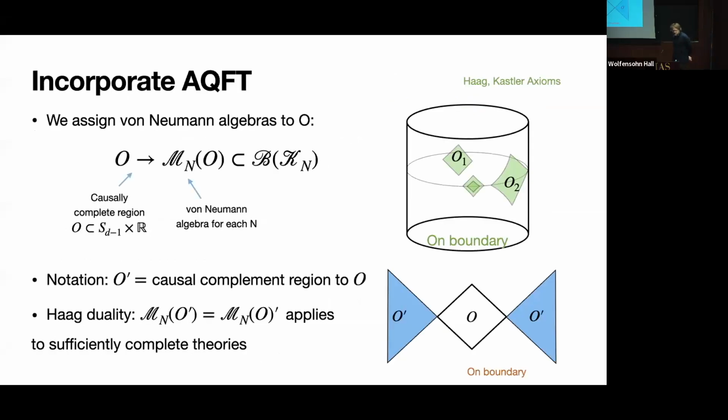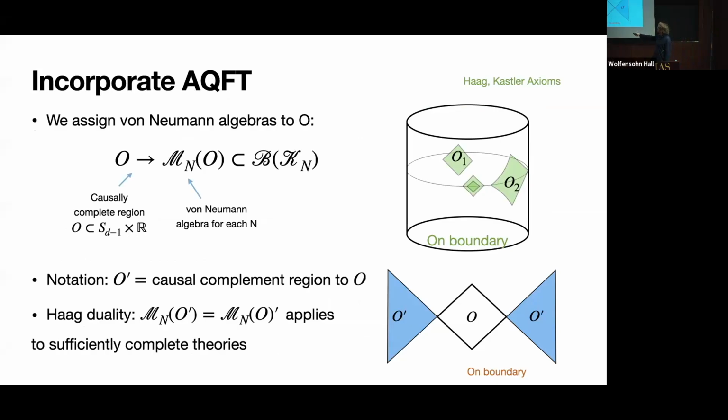Now, one thing that you can also do when you have this is incorporate algebraic quantum field theory. In particular, you might want to incorporate the locality of the boundary theory. And the way to do that, of course, is with algebraic quantum field theory. So the boundary theory we take to be this cylinder, as usual. Then associated to causally complete regions on the boundary, we're going to assign a von Neumann algebra.